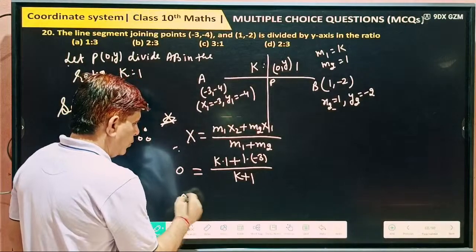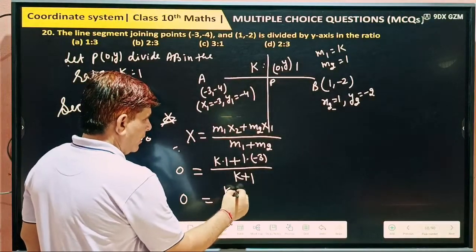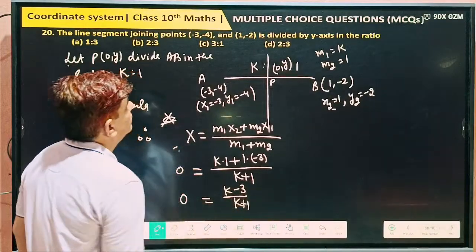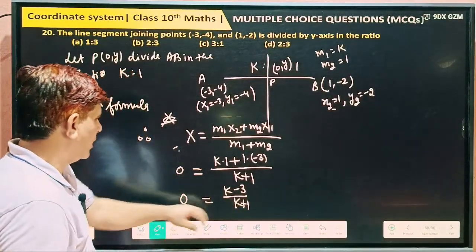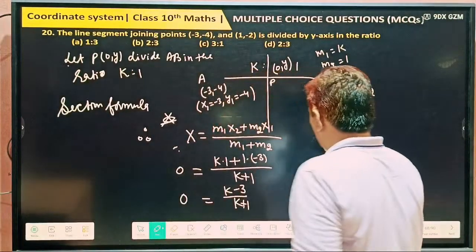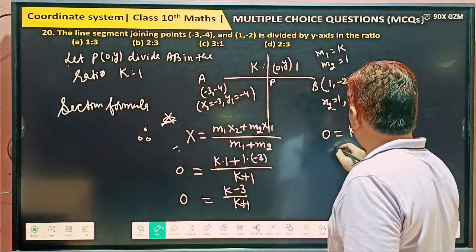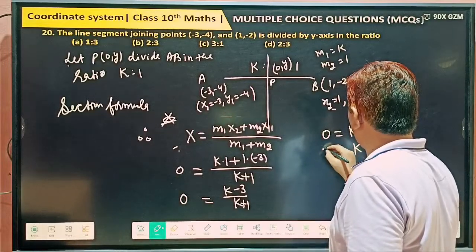So 0 is equal to (k minus 3) by (k plus 1). Bringing this to the other side, 0 equals k minus 3. So this implies k equal to 3.